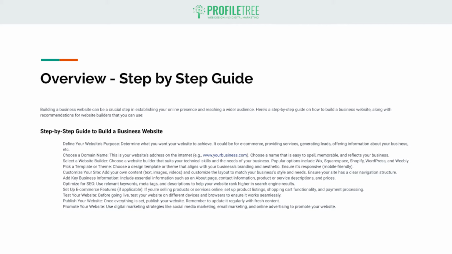You have to ensure that your site has a clear navigation structure. There's no point having a website that has a very mixed or jumbled navigation structure. If you do have that sort of system, it can be very hard as a visitor to maybe purchase a particular product or even just navigate around the actual structure of the website.